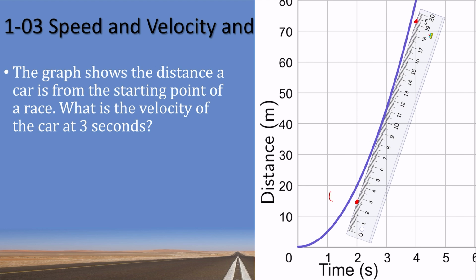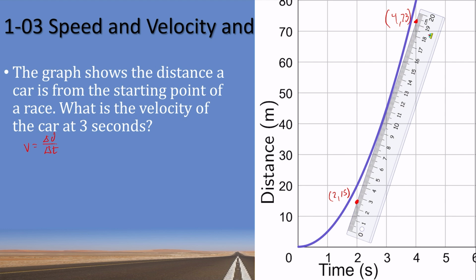This point I'm going to guess is about 2 and 15. This one is 4 and about 73. So then our velocity is our change in distance over our change in time.